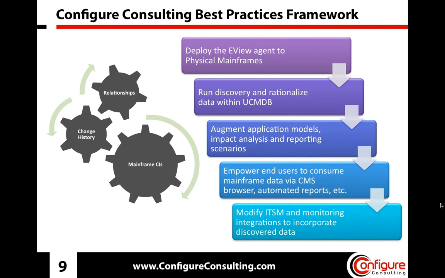And then the dependency mapping that I showed you is another area that can be of interest to a lot of the mainframe people, in terms of being aware of all the different systems that are actually making connections to that mainframe LPAR.